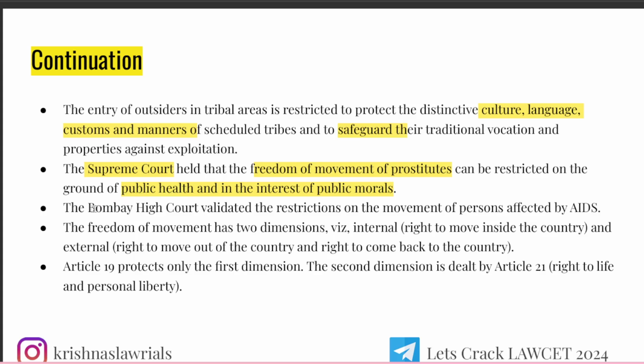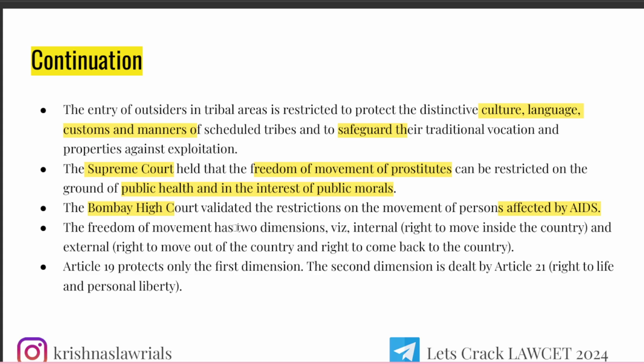Even in the Bombay High Court, a judgment came where they said if a person has HIV AIDS, his movement or travelling will be tracked and restricted. He'll not be freely moving because it can spread from one person to another person, because it is a contagious disease.